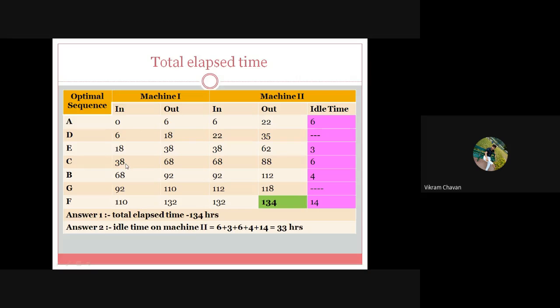Then C number job has 30 hours processing time on machine 1. So we have just added up this processing time in an elapsed manner, that is nothing but a continuous watch-like manner.